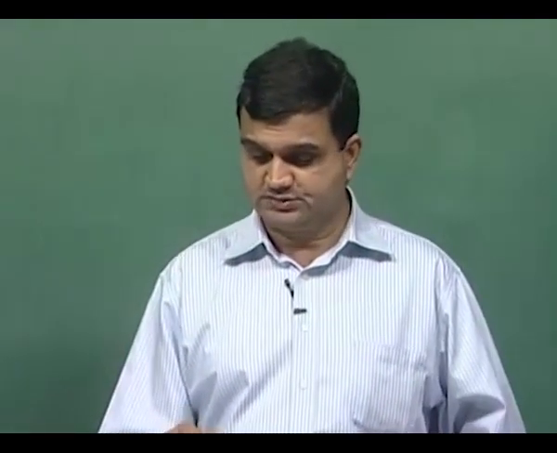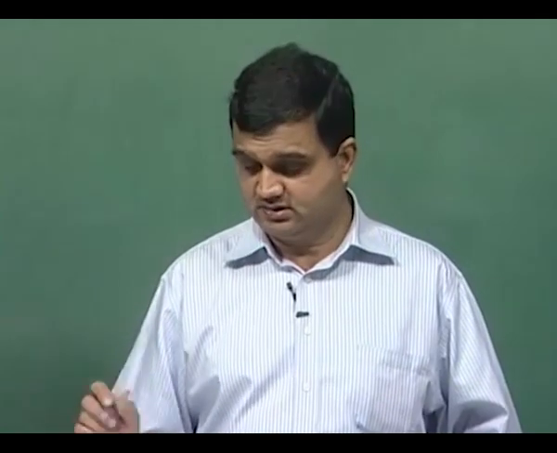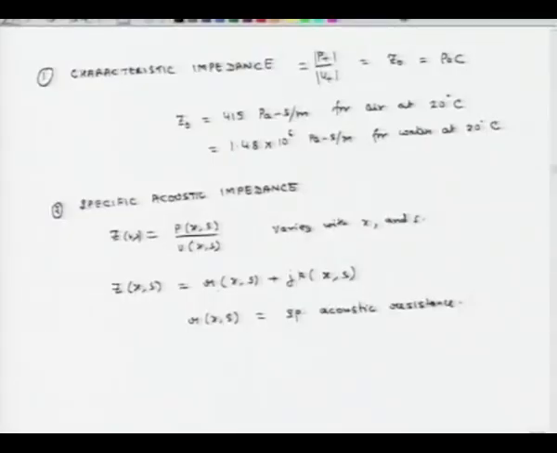That specific acoustic impedance can vary with respect to x and s, and it can be broken up into a real part which relates to damping phenomena in the system, and the real part is called specific acoustic resistance, and the imaginary component is called specific acoustic reactance, and that relates to compliance and inertial related parameters of the system.